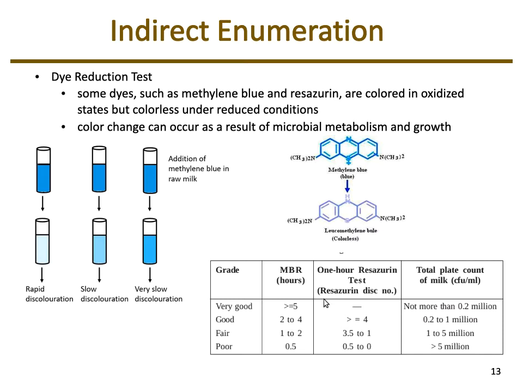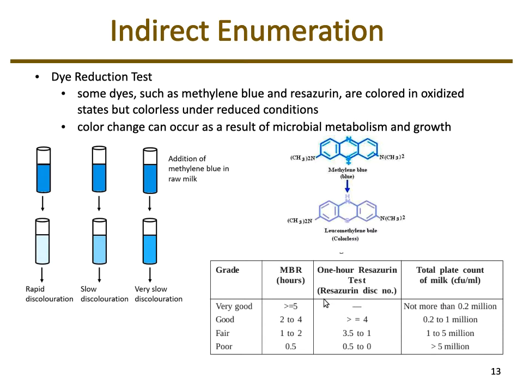Another example would be the dye reduction test. There are certain dyes, you've probably heard methylene blue used for staining, and it has a color to it, but when it gets oxidized, it actually becomes colorless.